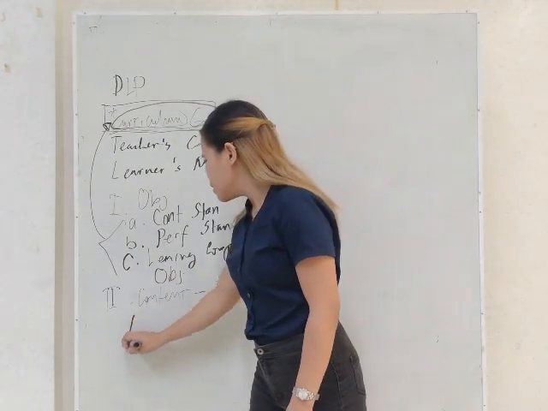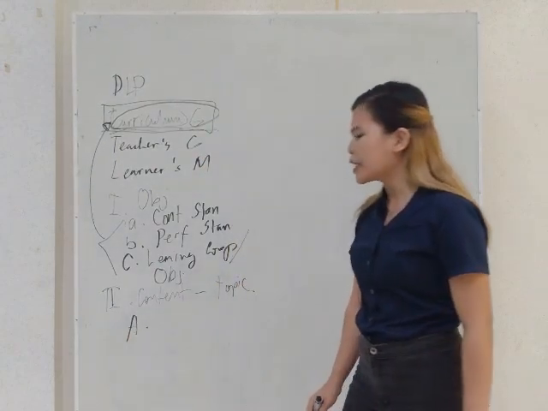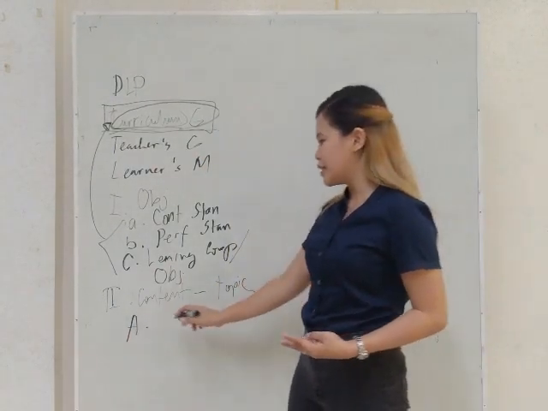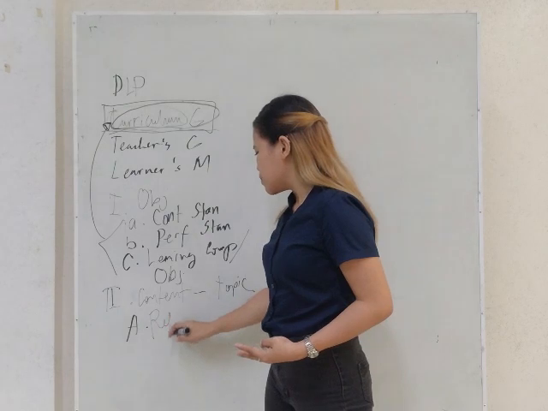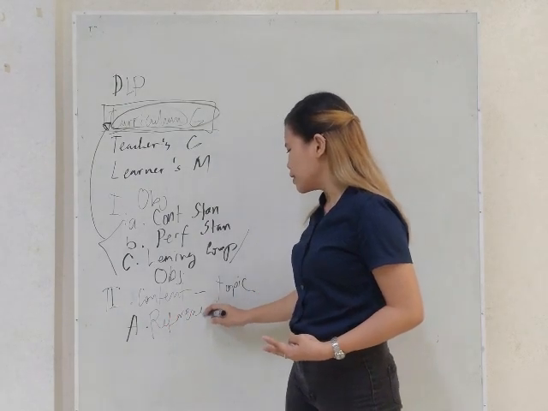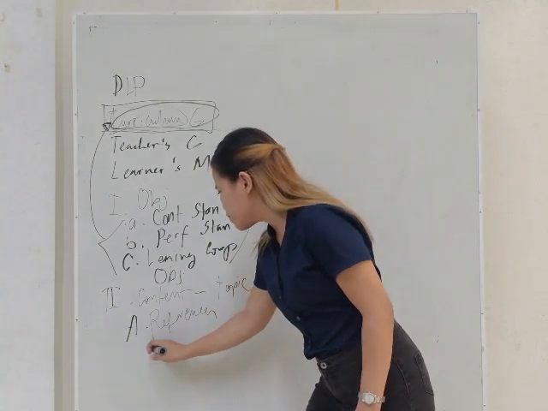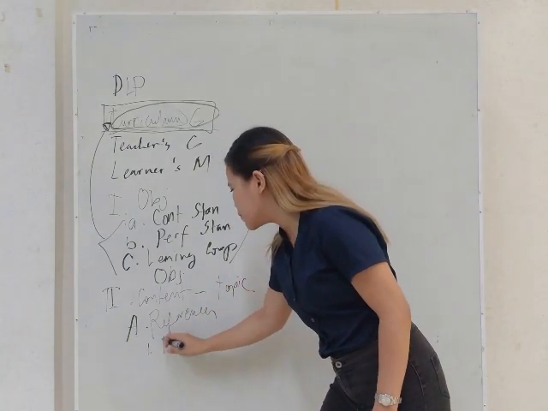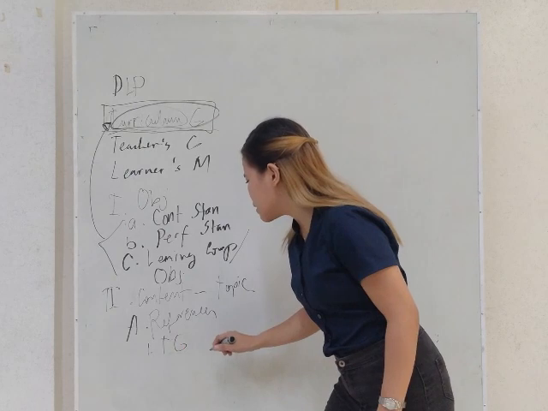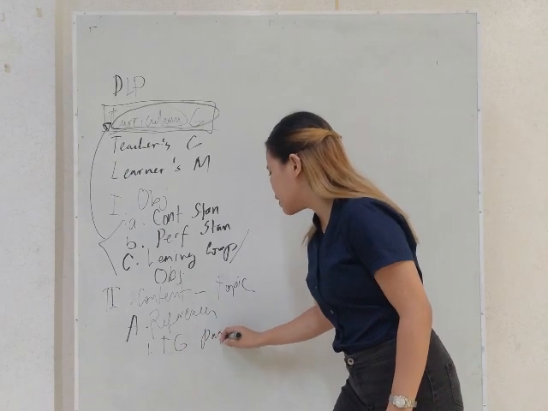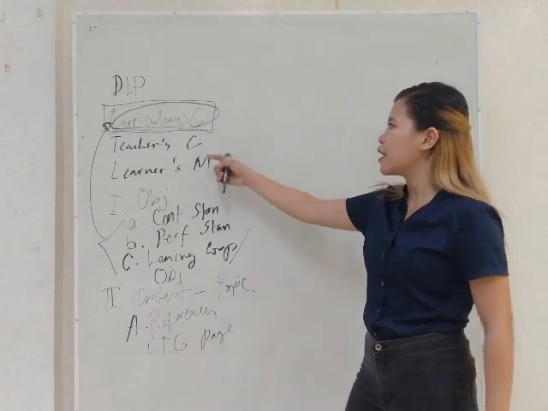And under this, ay inilalagay natin ang ating mga references. Yung references dito, meron siyang mga columns or rows. Una dyan ay yung teacher's guide pages. Anong page siya dun sa teacher's guide?